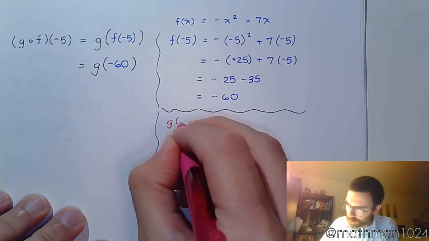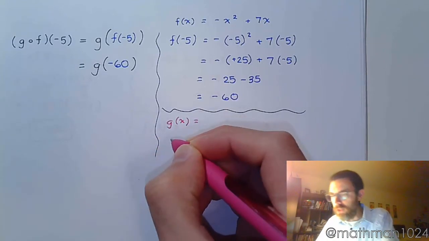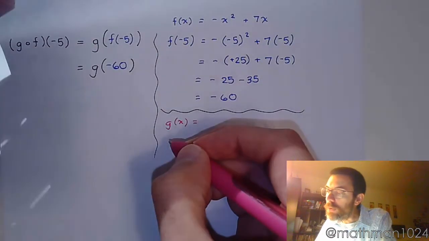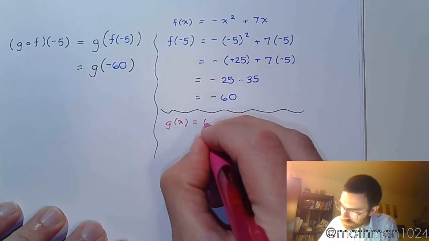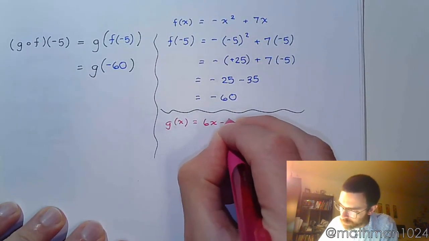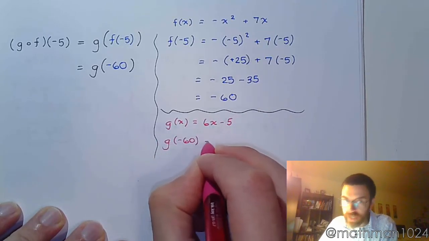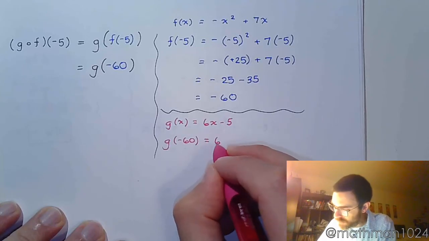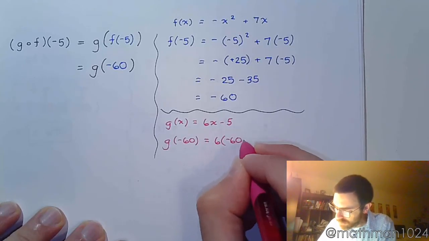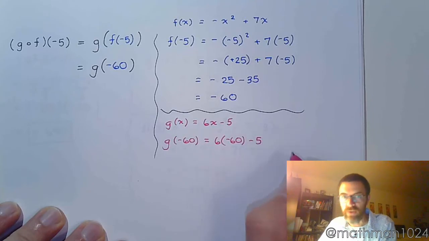But first, let's remember what G of x equals. G of x, let me flip back and look at my notes. 6x minus 5. It's a good thing I wrote that down. So G of negative 60 means 6 times negative 60 minus 5.